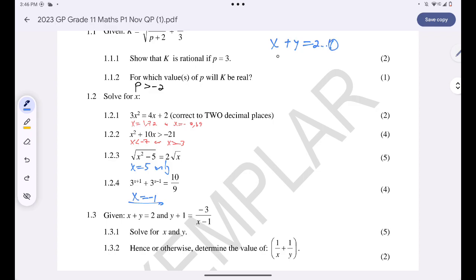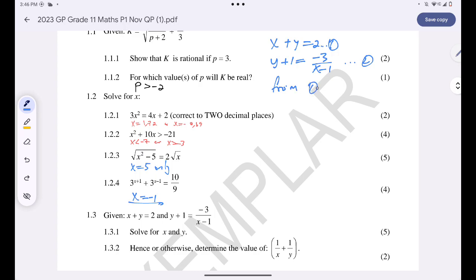That's equation 1. And then equation 2 simply says y plus 1 is equal to negative 3 over x minus 1. This is equation 2, right?